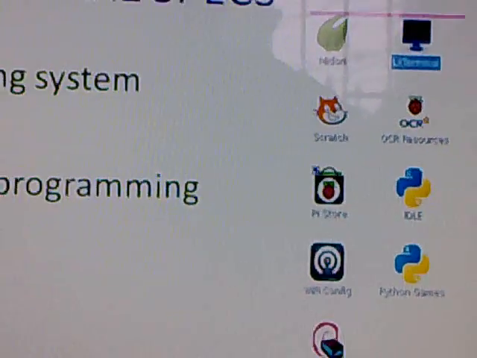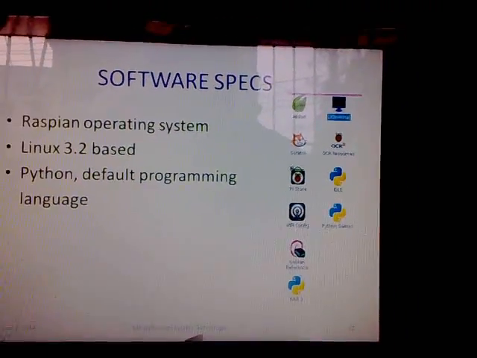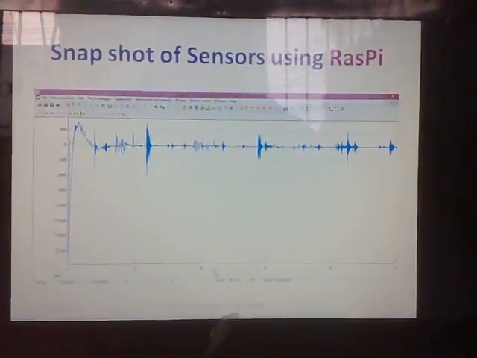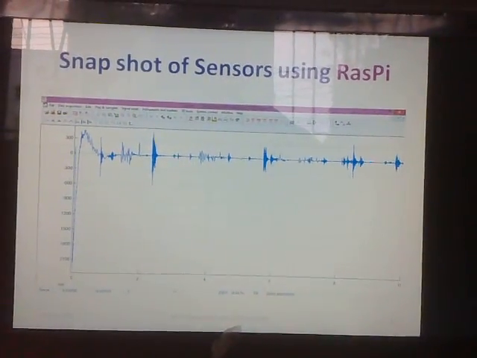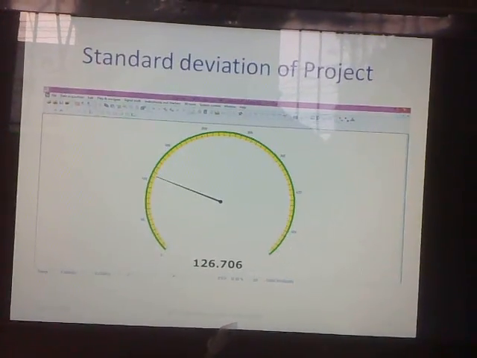Simulations. This is a snapshot of a Raspberry Pi. This is the simulation solution.